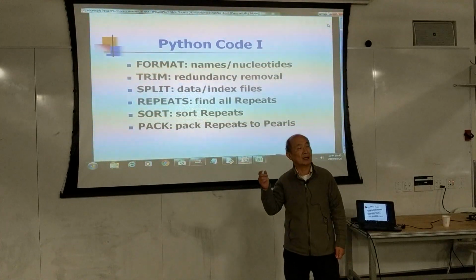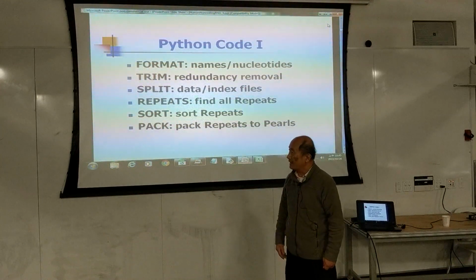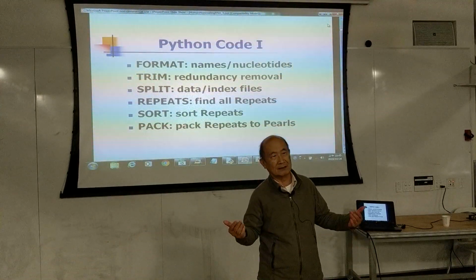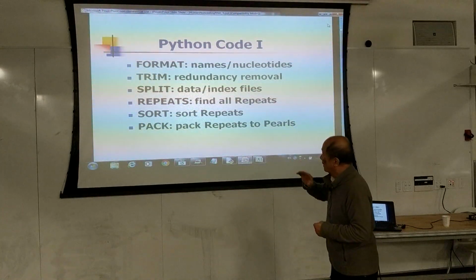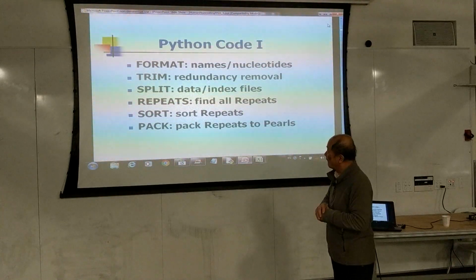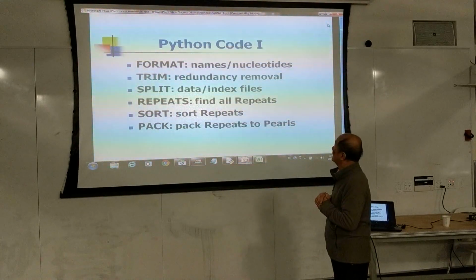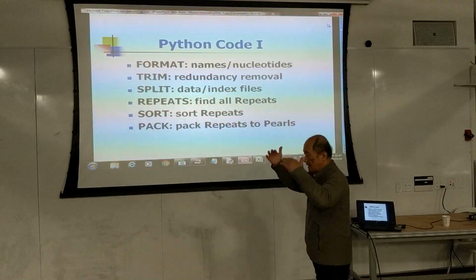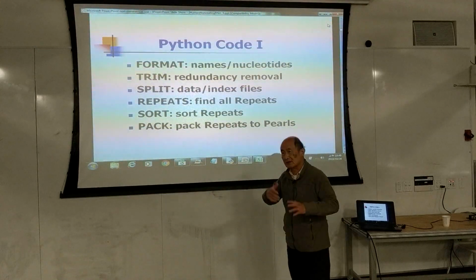And usually I use Excel to display this result, and Excel doesn't mind that either. So it's very nice to convert all the data into a file with two fields, name and nucleotide. And then in this format, I can manipulate the entire database with thousands and thousands of RNAs.